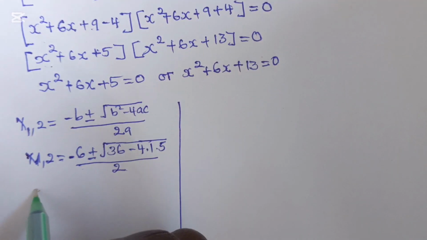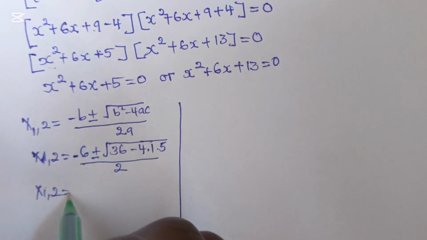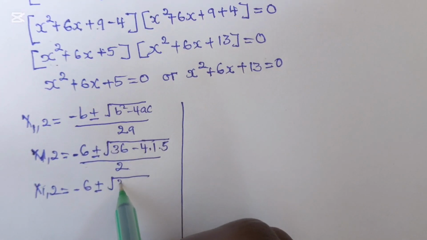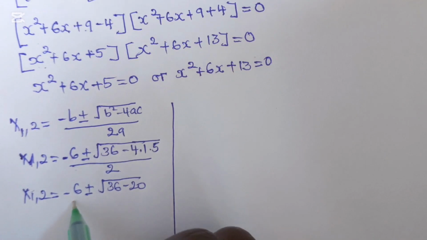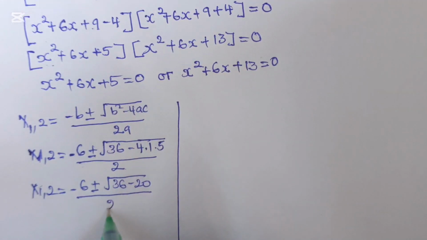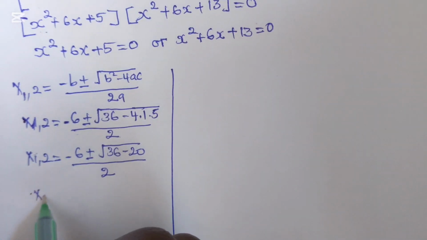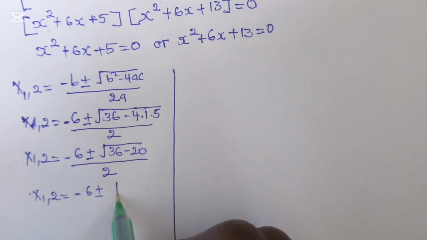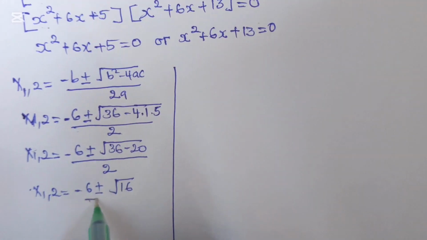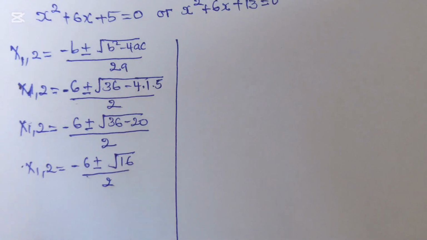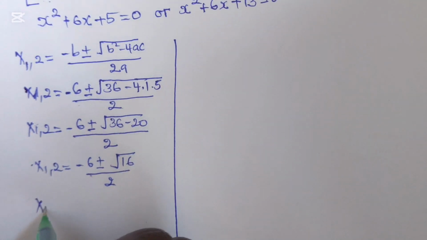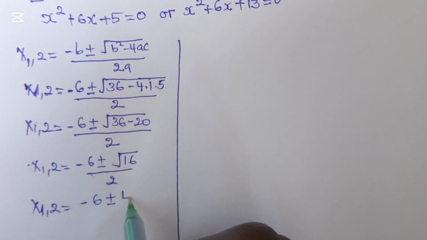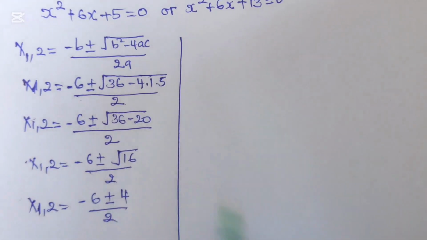Because a is 1, x1 and 2 will be negative 6 plus or minus the square root of 36 minus 20, over 2, so that x1 and 2 will be negative 6 plus or minus the square root of 16, over 2. Then x1 and 2 will be negative 6 plus or minus 4, over 2.